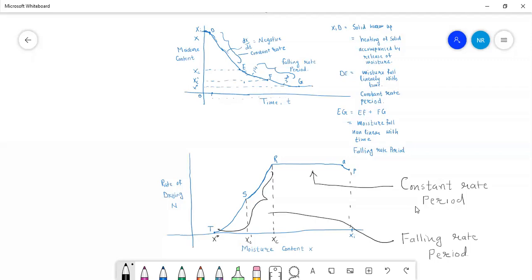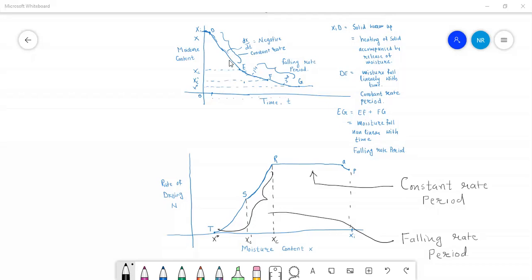Now, next what we have to do is generate an equation. Generate the equations for the constant rate period, and for the falling rate period, and then we can calculate the amount of drying. The next topic will be the derivation of the equation for the constant rate period and the derivation for the falling rate period.